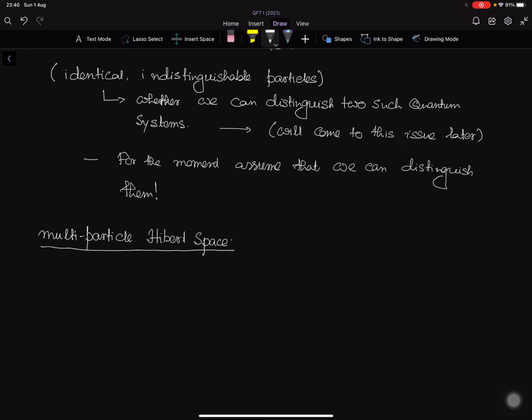If the single particle Hilbert space is H, I mean the 1 is the label of the particle, so the single particle Hilbert space is H, then the multi-particle Hilbert space is simply the tensor product of n copies of the single particle Hilbert space.